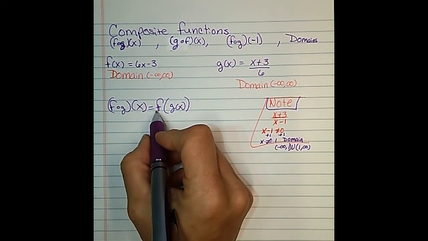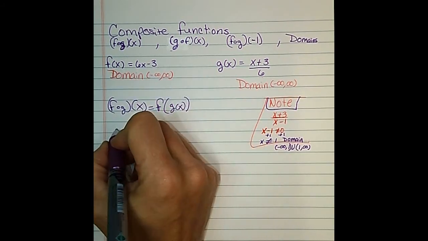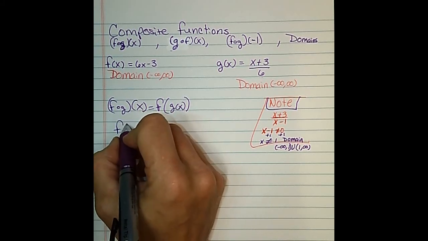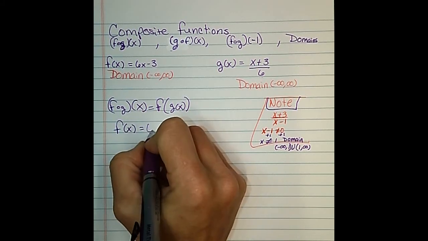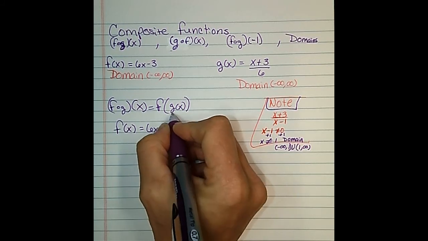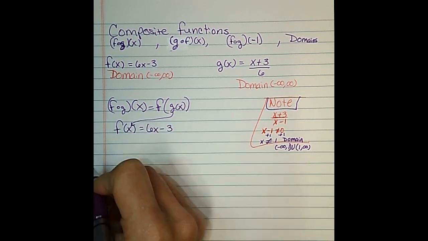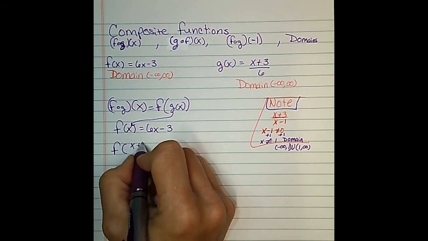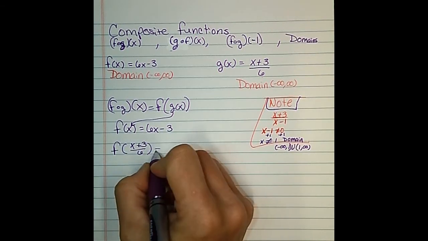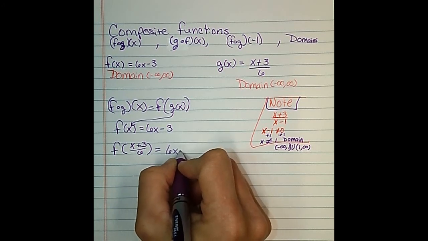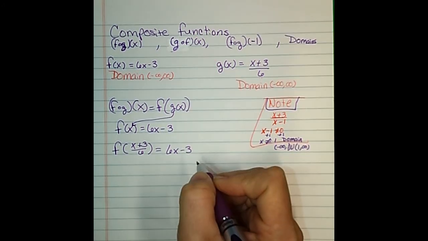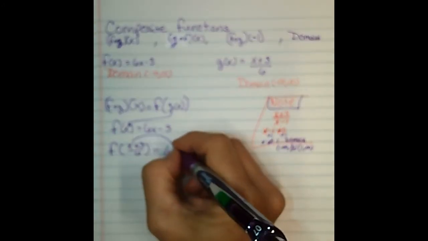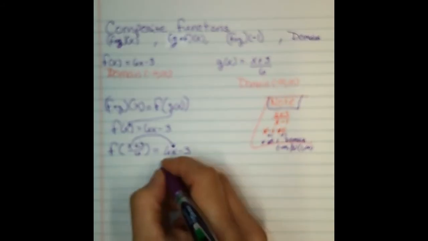So I have f of x is equal to 6x minus 3, correct? Well, I'm wanting to plug in my g of x everywhere I see that. What is g of x? It is x plus 3 divided by 6, all equals 6x minus 3. Well, what happened? I got to plug that in for my x.